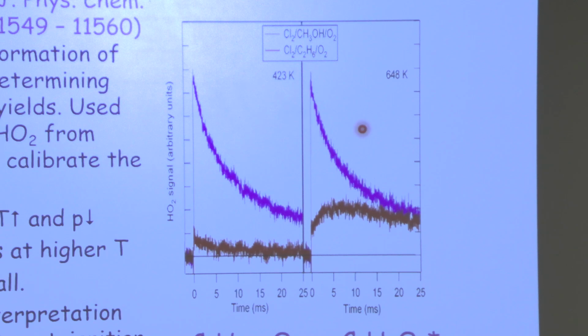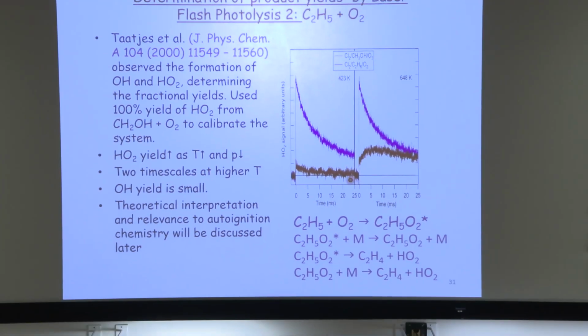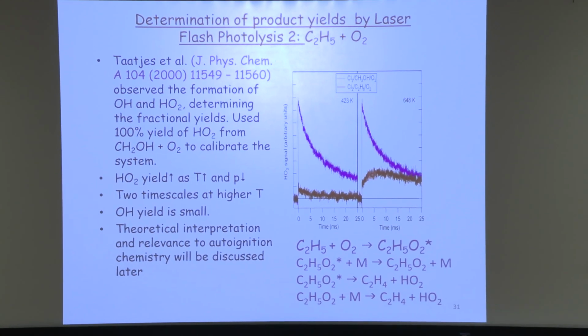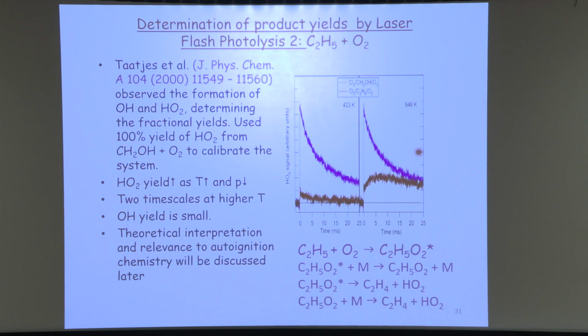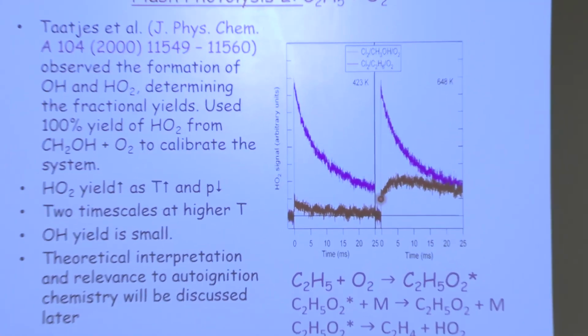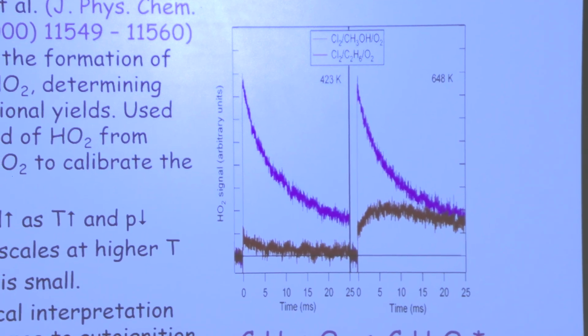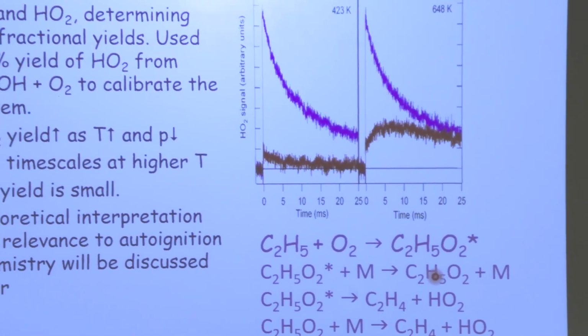In the methanol system, they think they understood exactly the chemistry, and you can see it looks very simple. Whereas the case with the ethane is doing something funny where the HO2 signal is rising for a while and then falling later, kind of weird, and rises immediately. So it's like a fast rise, a slow rise, and then a fall. But when you have a lot of reactions like this, you can get multi-exponential decays and multi-exponential time dependencies.